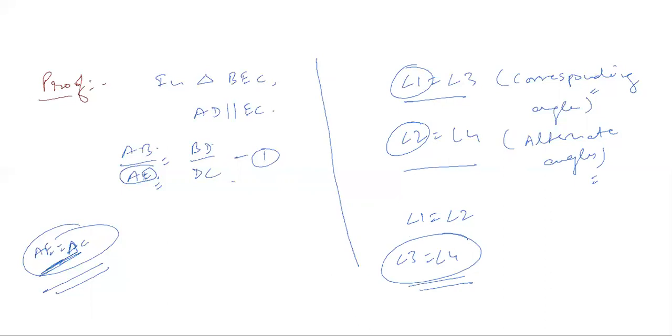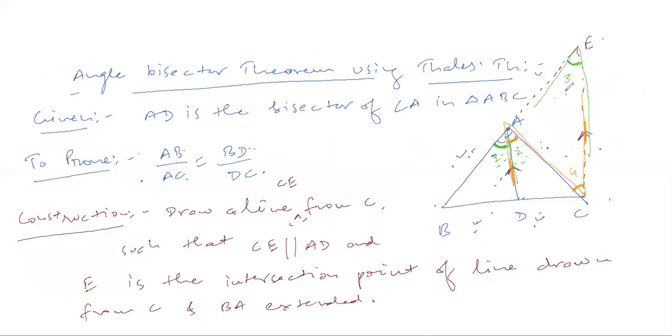So if angle 3 and 4 are equal, and in which triangle are they lying? Triangle AEC. So if angle 3 is equals to angle 4, that means opposite sides of this triangle will also be equal.